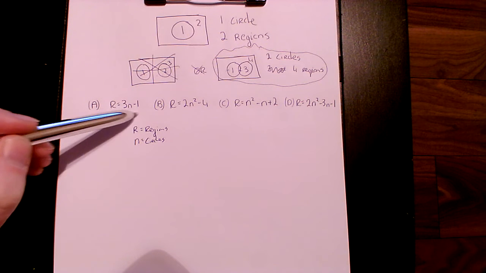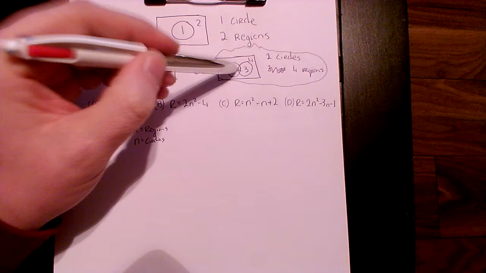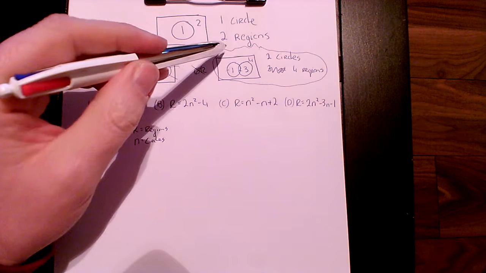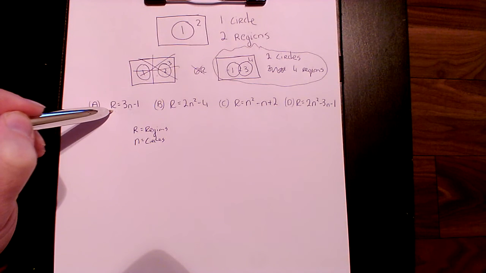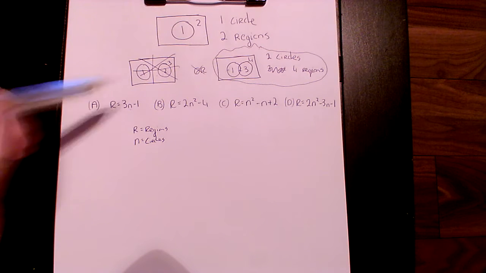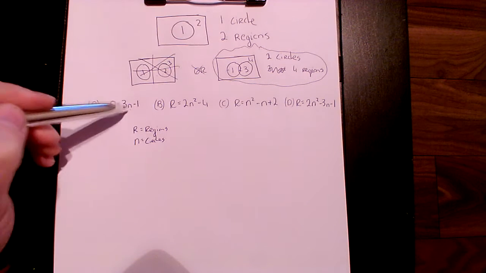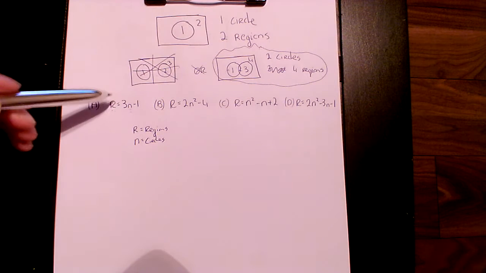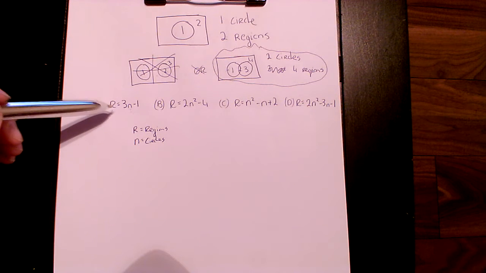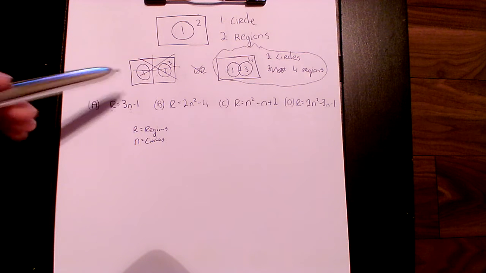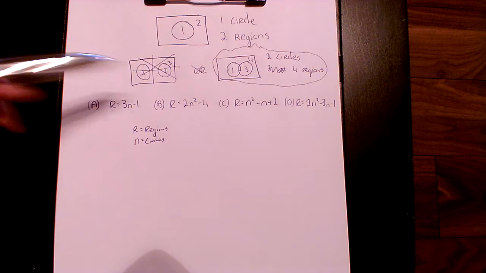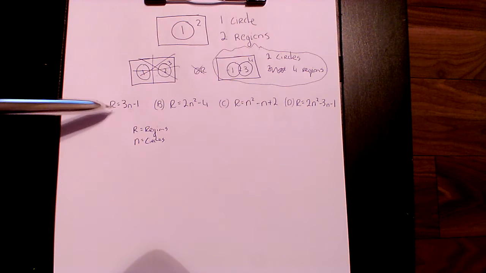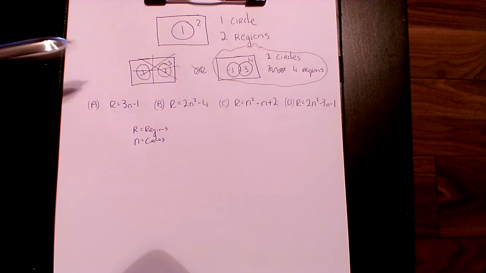If I put in 1 for N, it should spit me out 2. If I put in 2 and it doesn't spit me out 4, then it isn't this equation.